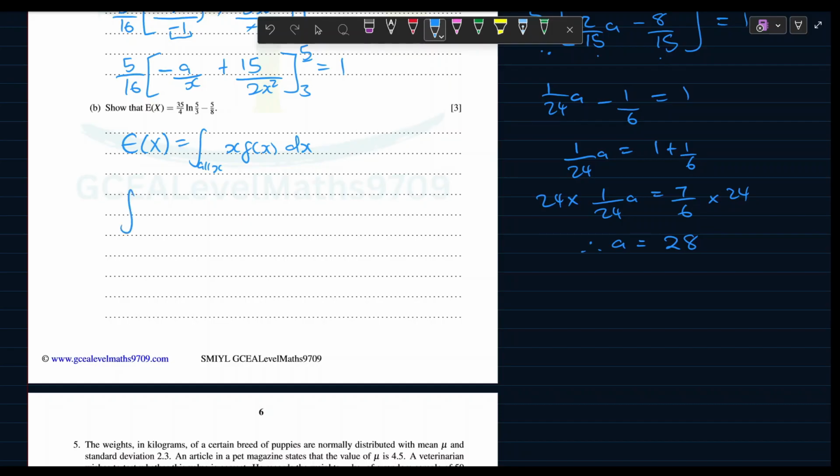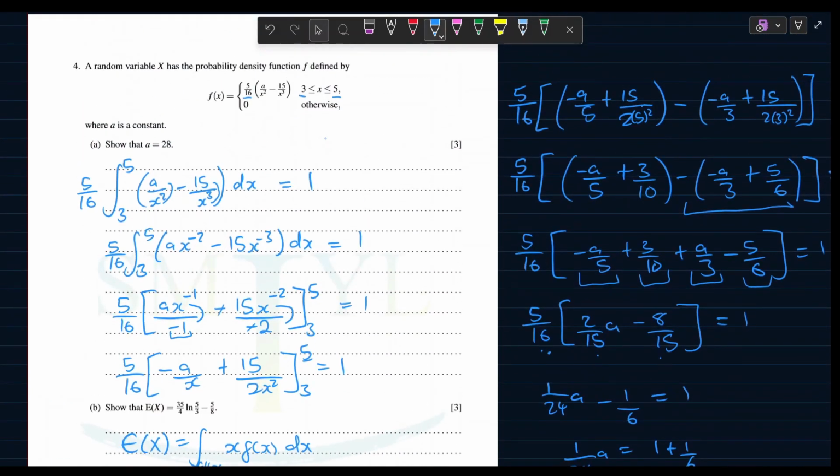So we are integrating from our lower bound 3 all the way up to 5, and this is going to be x multiplied by, what is our f of x? So our f of x is now 5 over 16 times our a, we said is 28, so 28 over x squared minus 15 over x cubed.